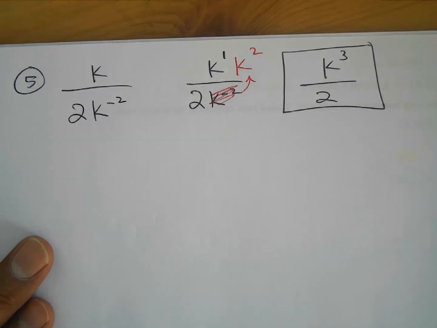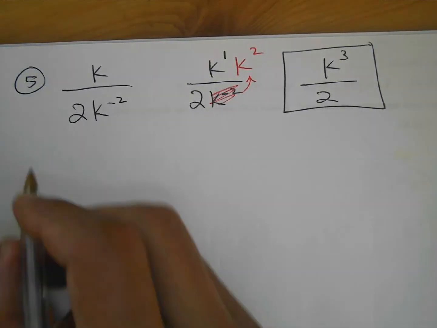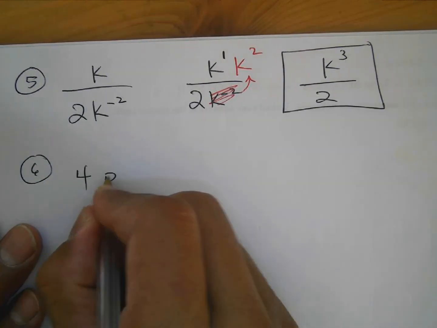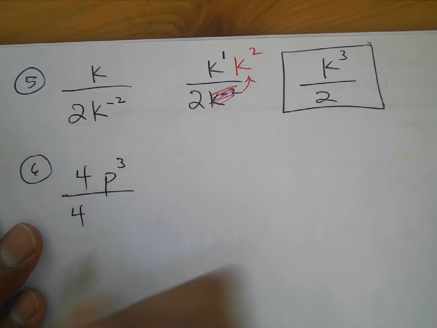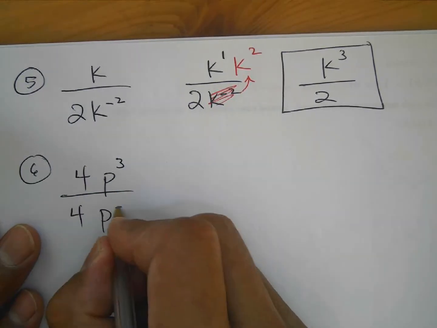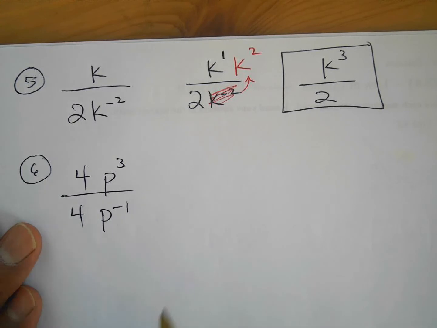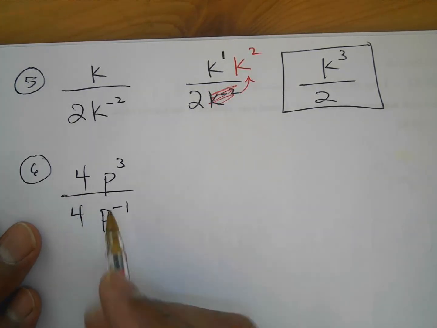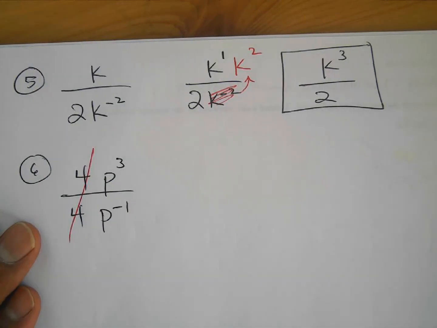Number 6. 4p3 over 4p negative 1. Well, right away, I know that the 4 divided by 4 cancel. Always look at the numbers to reduce. These cancel. They divide out, right? 4 divided by 4 is 1.